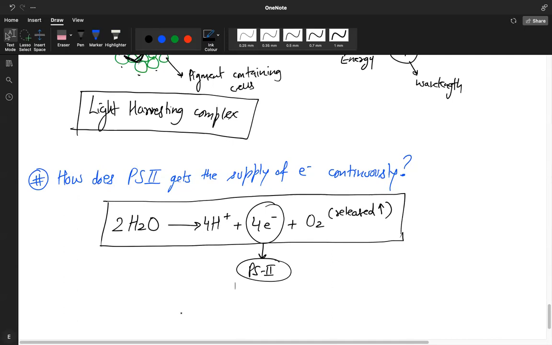And where does this happen? So this reaction, site of this reaction. So write down.